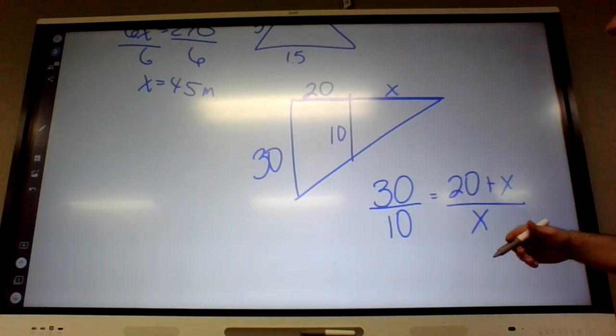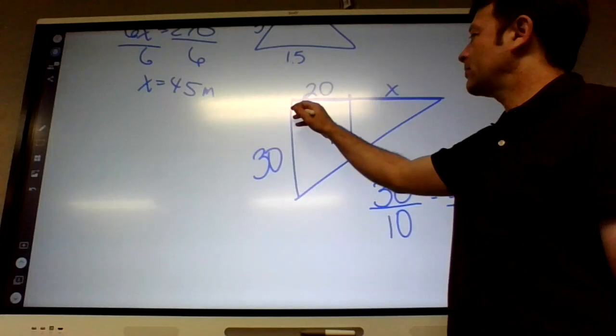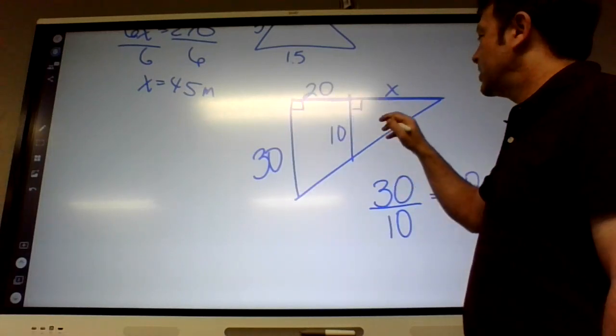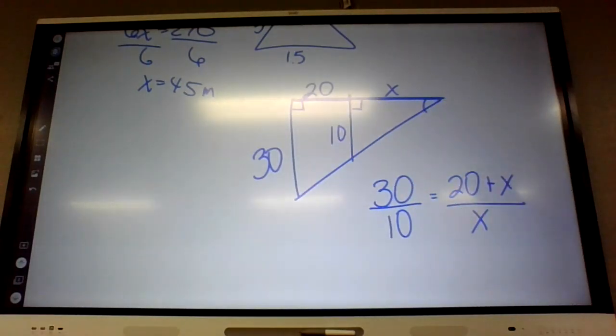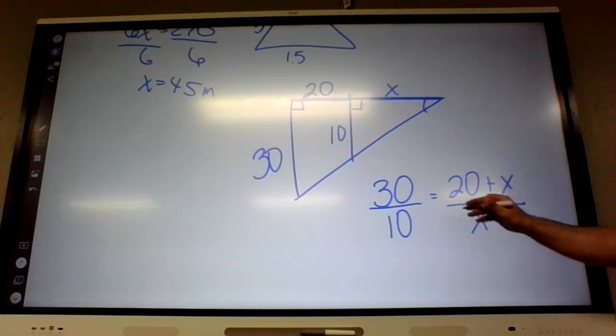Do you guys know why we know these triangles are similar? Angle, angle. Anyway, and then we cross multiply.